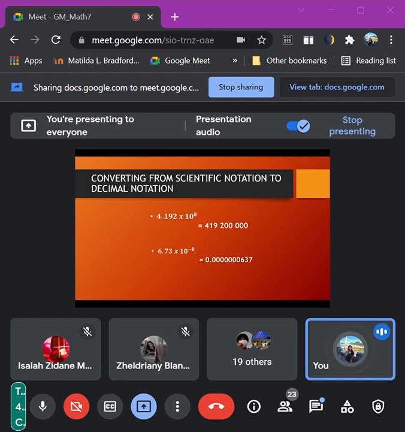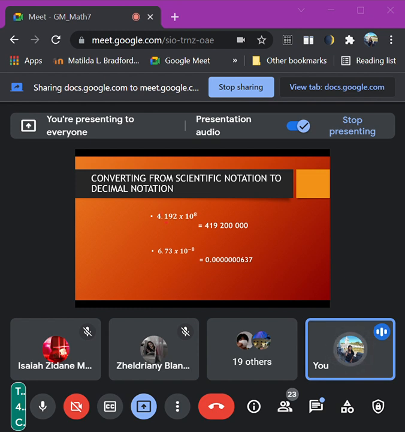So you can see here, class, when it comes from scientific notation and you change it into decimal form, it is the reverse. Remember before, if our movement is to the right, the exponent is negative. But here, if the exponent from your scientific notation is positive, your movement is to the right. Okay? To the right. It comes from scientific notation.